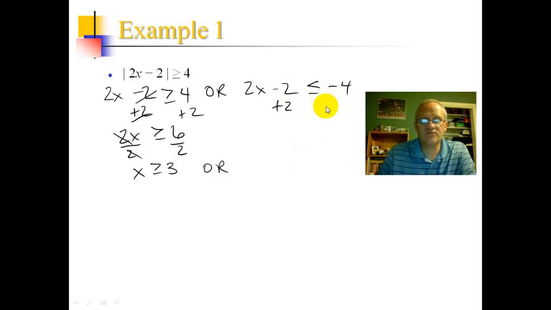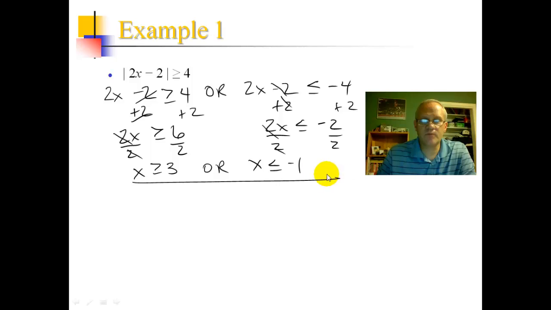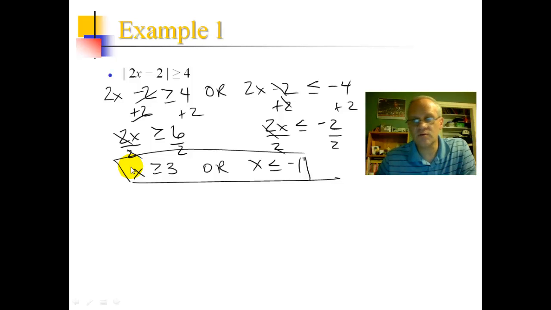So we're going to do plus 2 first. 2x is less than or equal to, this time, negative 2, because negative 4 plus 2 is negative 2. Divide by 2, and you get x is less than or equal to negative 1. So when we solve it, we get this: x is greater than or equal to 3, or x is less than or equal to negative 1.